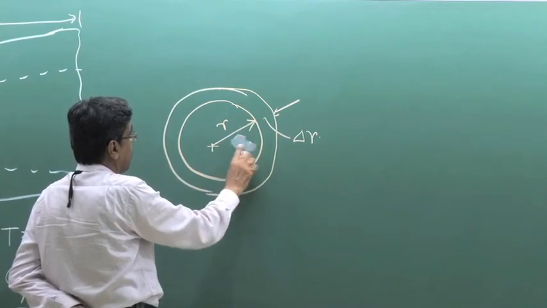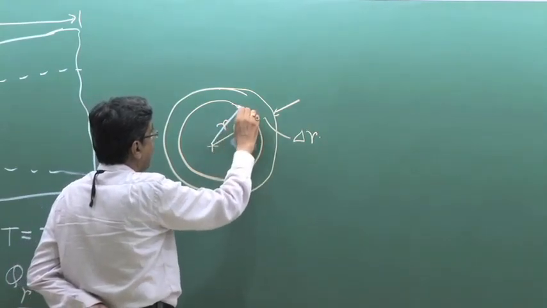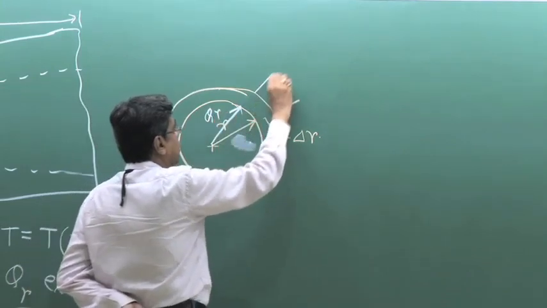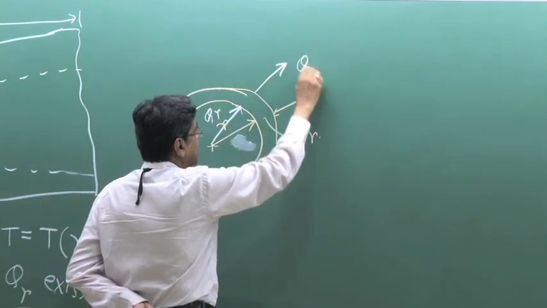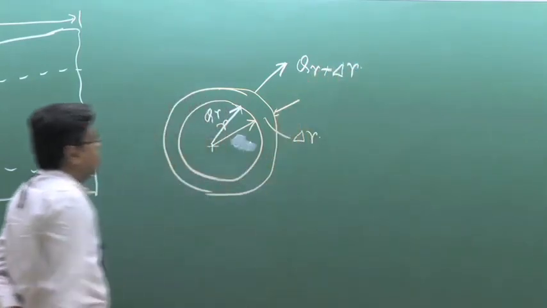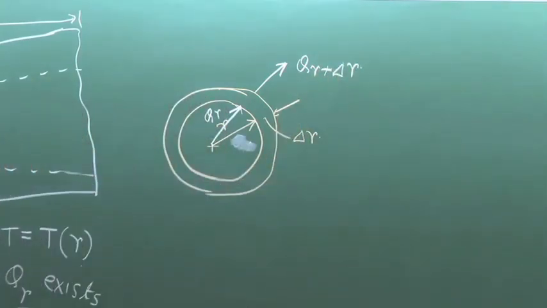If QR is the heat entering, the heat going out is QR plus delta R. The equation is very simple.